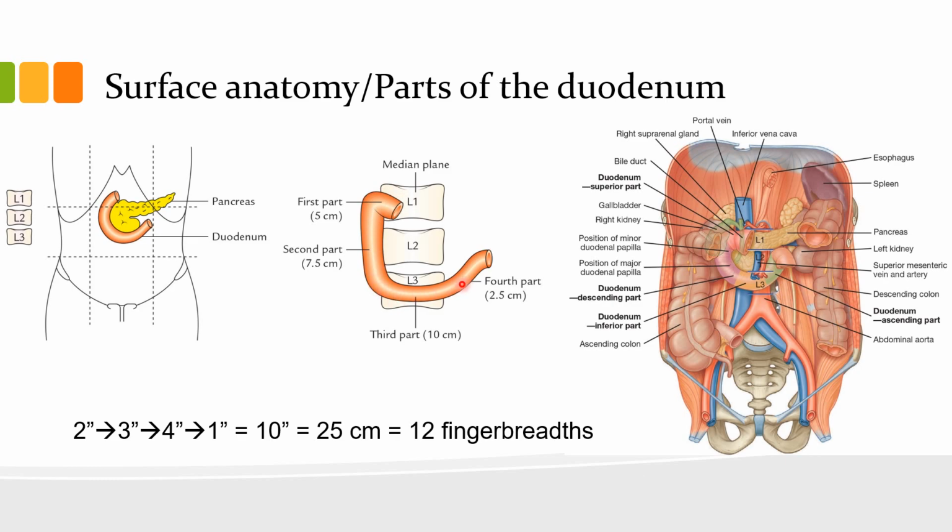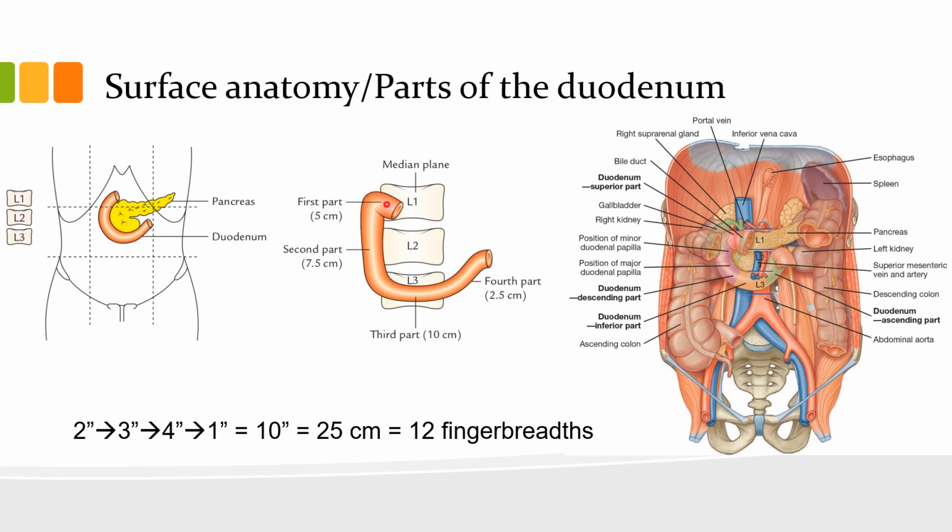The third or inferior part, or sometimes called the horizontal part, is about 4 inches long and runs anterior to L3, and the fourth part is a short part 1 inch long, and it ascends to the left of L2 vertebra.